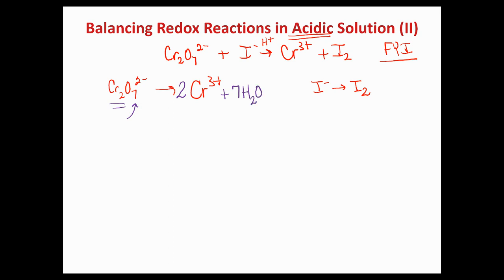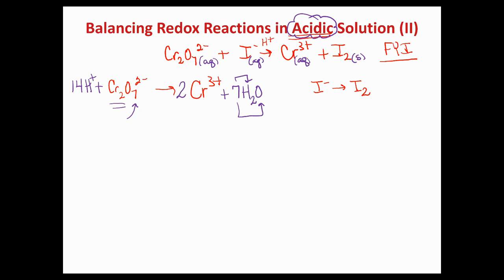Now, if you're asking why water? Because these guys are all aqueous. And so water's involved, and it's implied in the reaction. Okay, now that I have 7 oxygens, I have 14 H+. Why did I use H+? Because it's in acid.